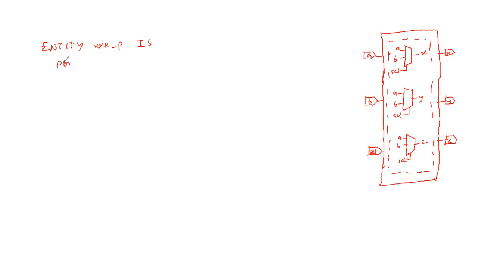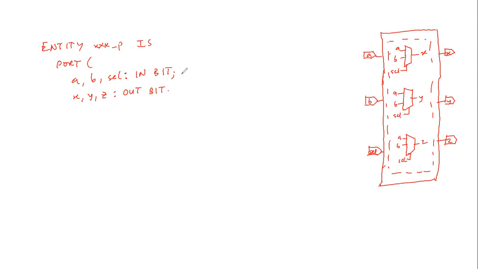Then we define the port, okay? So in this case, the input ports are A, B, and select. So we have A, B, comma, select, colon, they are the input bits, right? Input bit, semicolon. Then we also define the output, X, Y, Z. Then they are the output bits.